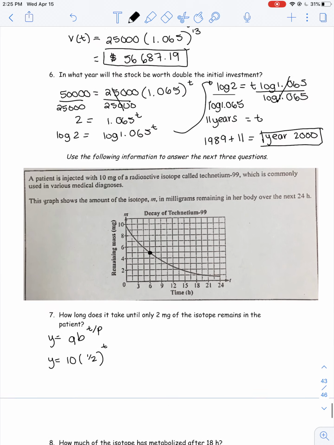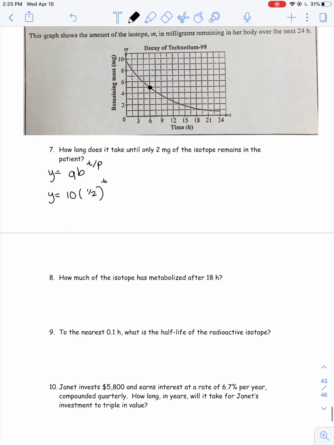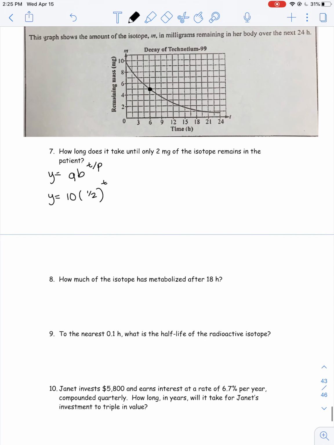Well, it became 5 at 6 hours, so that's going to be our half-life, or our doubling time. So in this case, our value of P is going to be 6 hours. So for it to go from 10 to 5, our half-life, we know that the value is going to be 6.